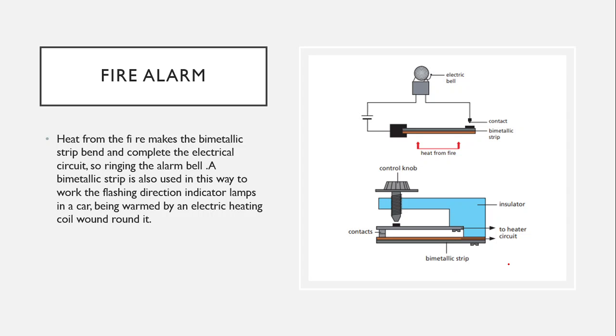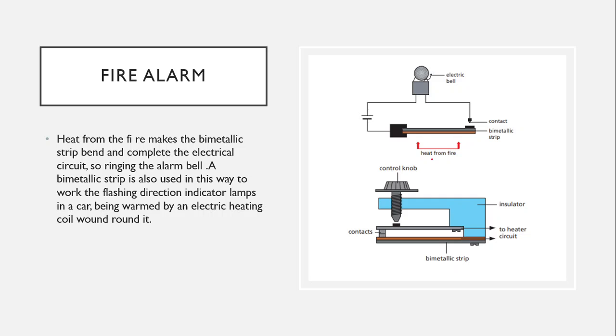A bimetallic strip is also used to work the flashing direction indicator. When the temperature reaches a certain degree, the angle to which the bimetallic strip bends is a certain amount that causes the circuit to complete and the alarm to ring, as you can see here. This is a bimetallic strip.